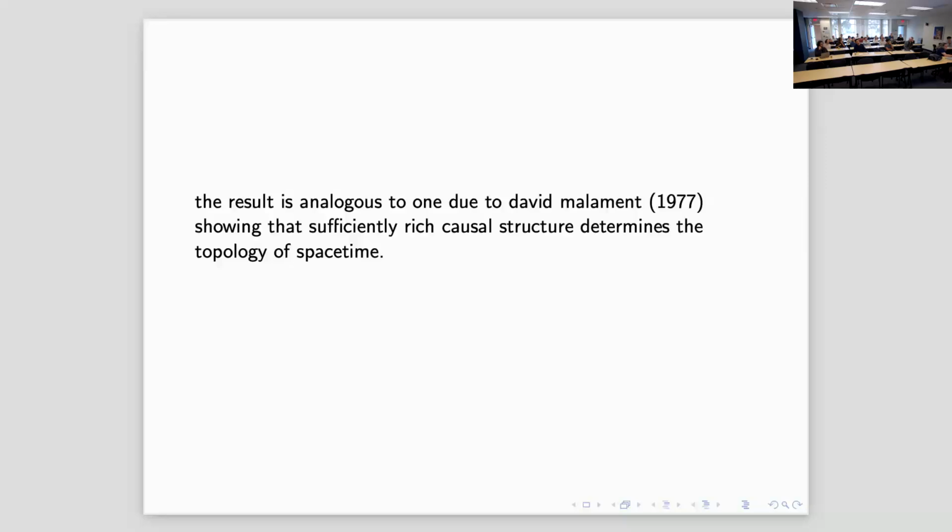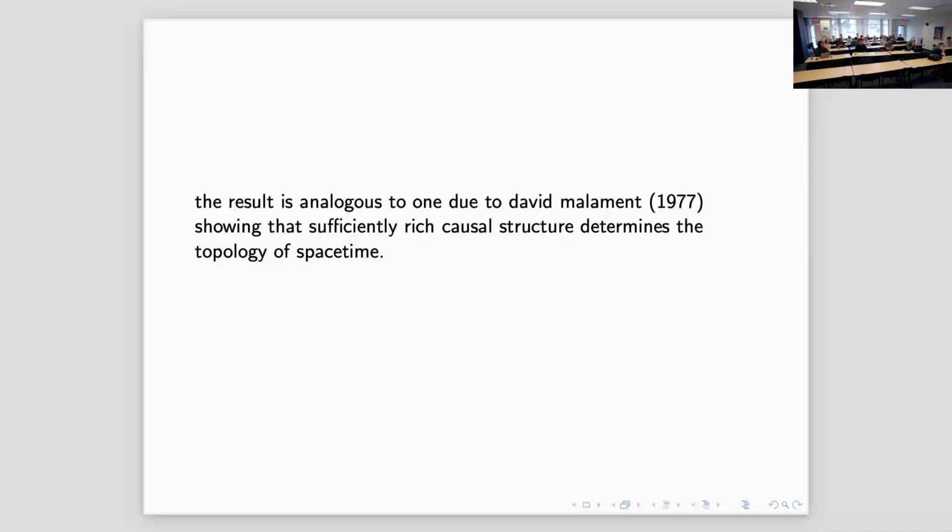So recall in that context, what we had is another hierarchy. It wasn't a symmetry or curvature hierarchy, it was a causal hierarchy. And one had, instead of a curvature isomorphism, a causal isomorphism. And the claim is that, if you're playing around down here with spacetimes which are really badly causally behaved, like Gödel spacetime or something, then a causal isomorphism definitely is not a homeomorphism or a diffeomorphism or anything like that.